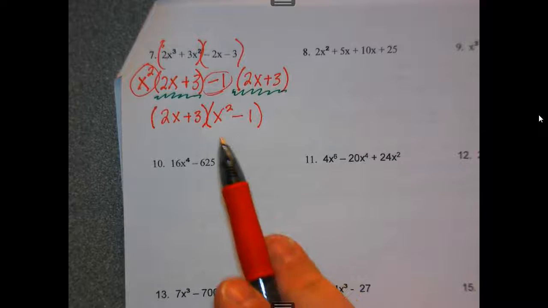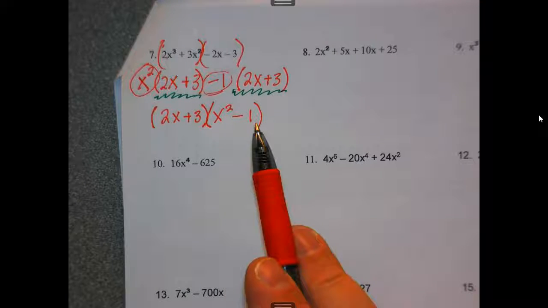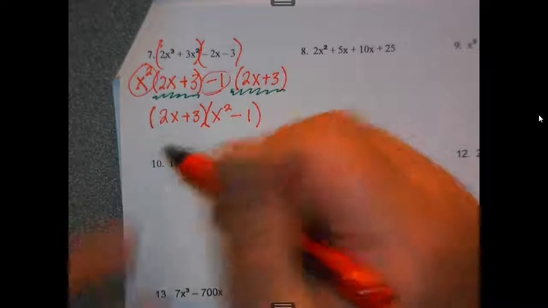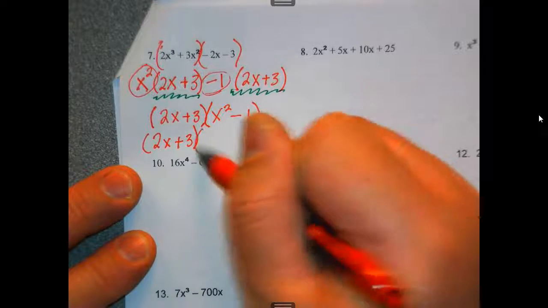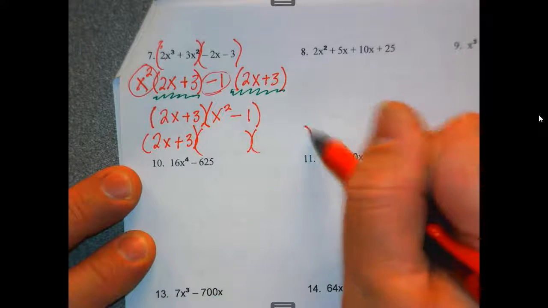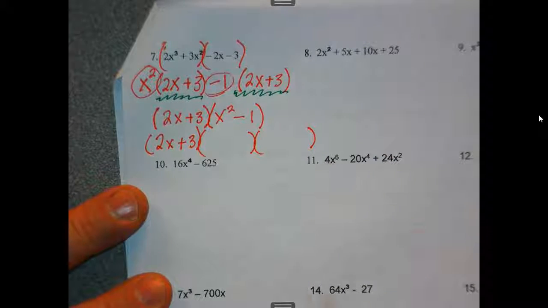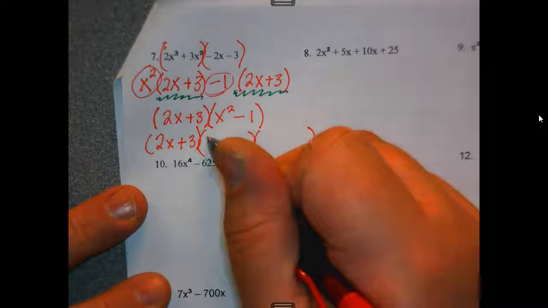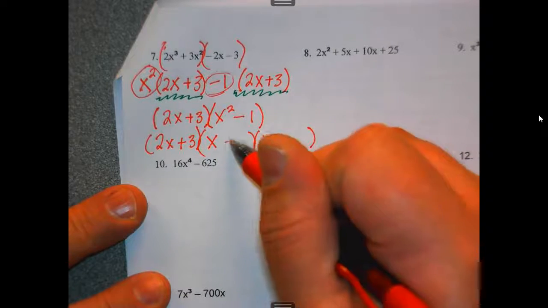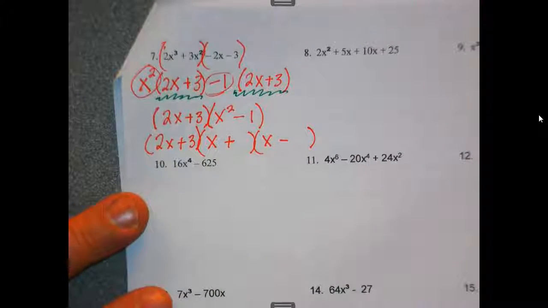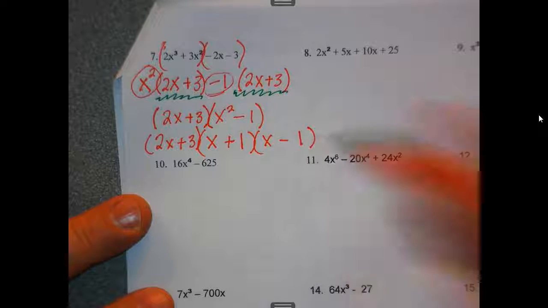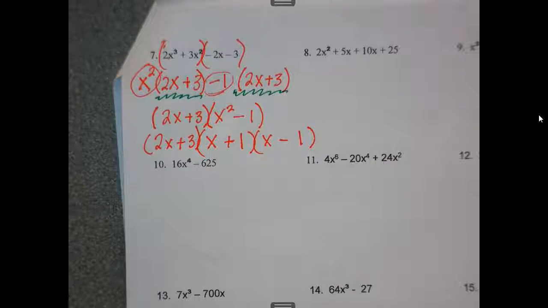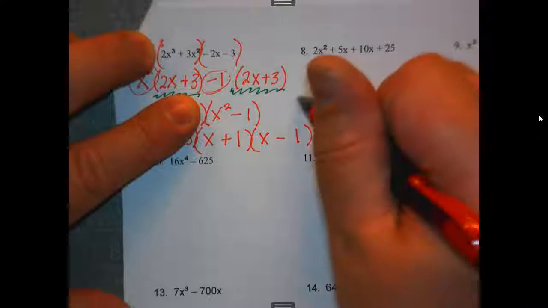Is this not a difference of squares? So I have my 2x plus 3. Then I'm going to have my a plus b and a minus b. What's my a? The base x. And what else is being squared? 1. This is a difference of squares.